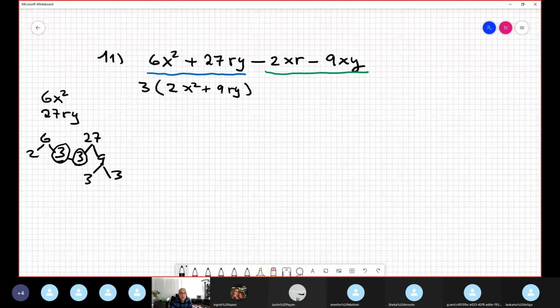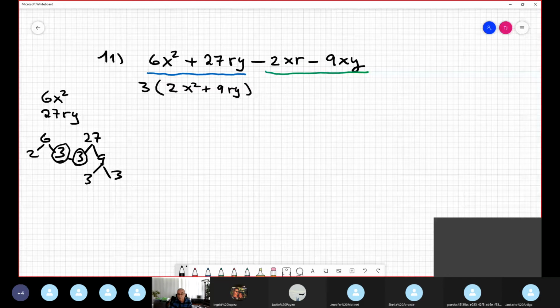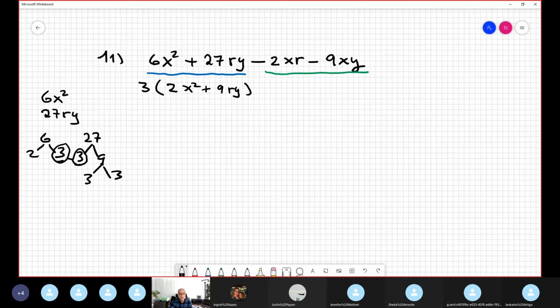Okay. What is the common factor in this part, the green part? It's r. What is the greatest common factor between them? x. Is x, no? But it's much better using x or negative x.